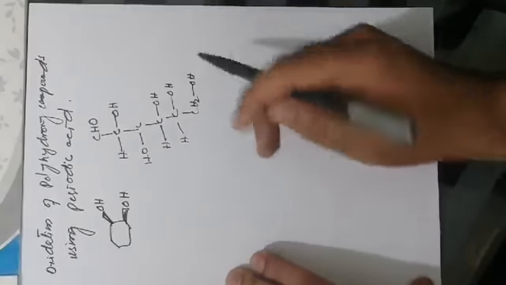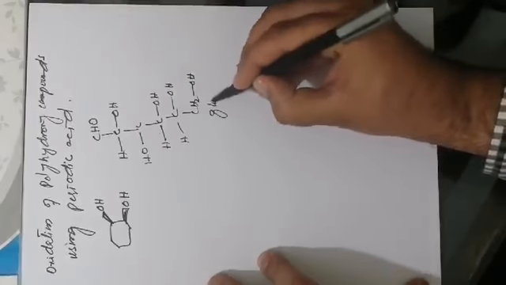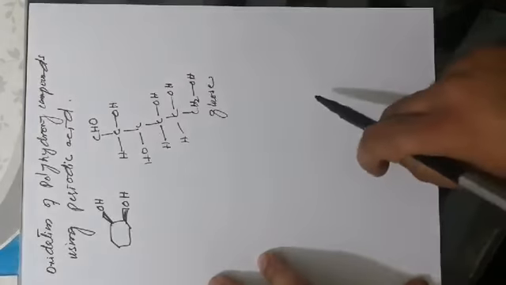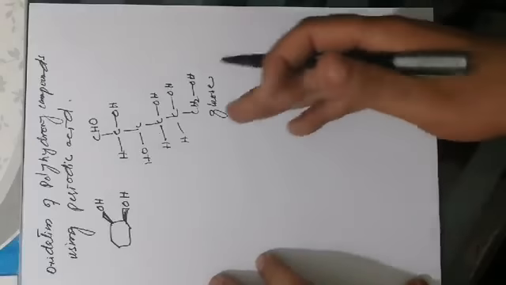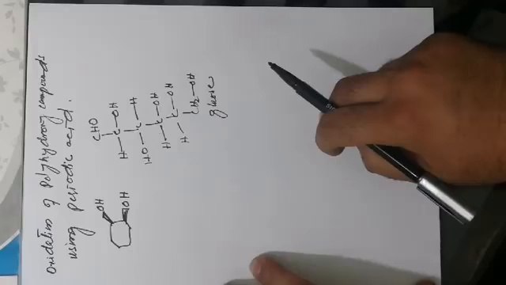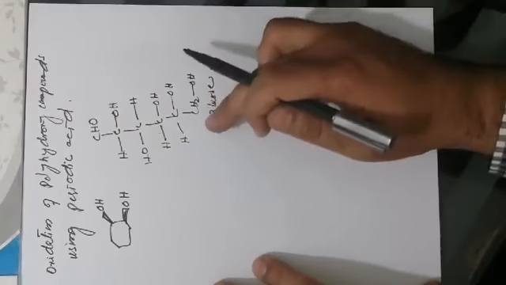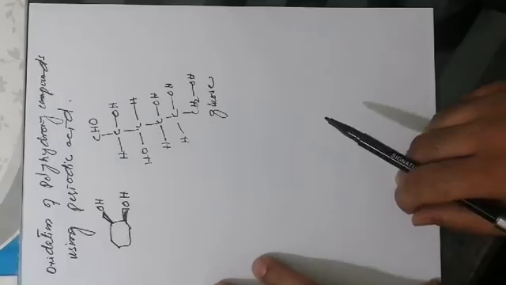I'm writing the structure of a very important polyhydroxy compound, that is glucose. So it has more than one hydroxyl group attached to the chain. So this is another example of the polyhydroxy compounds.